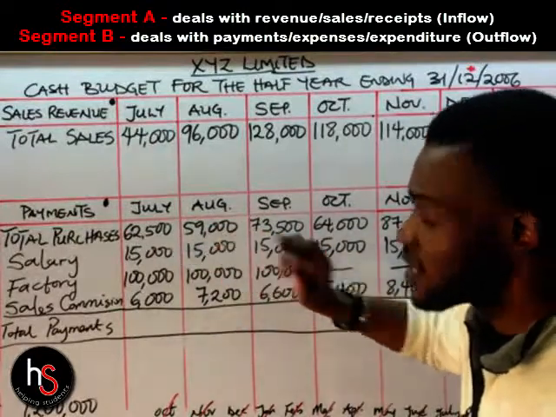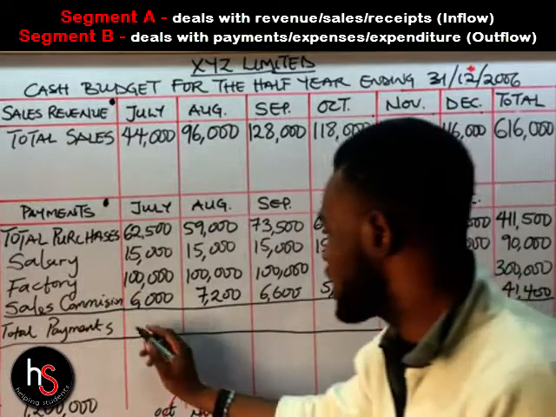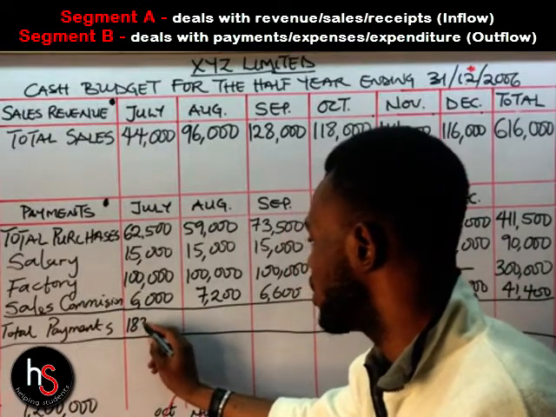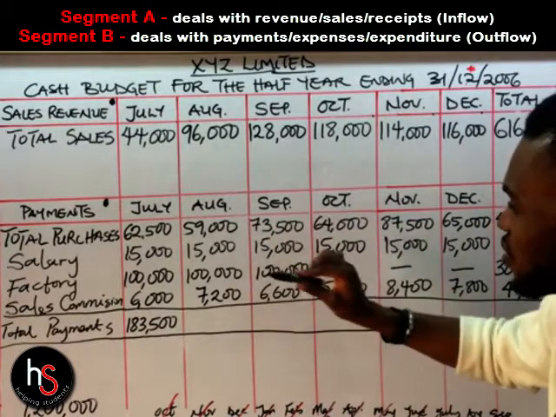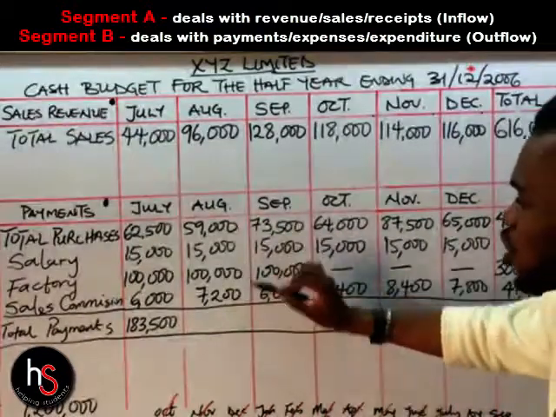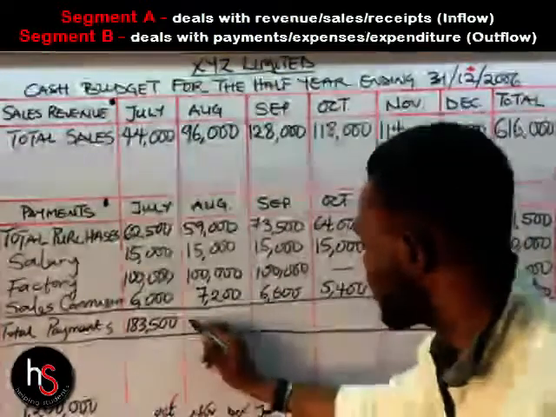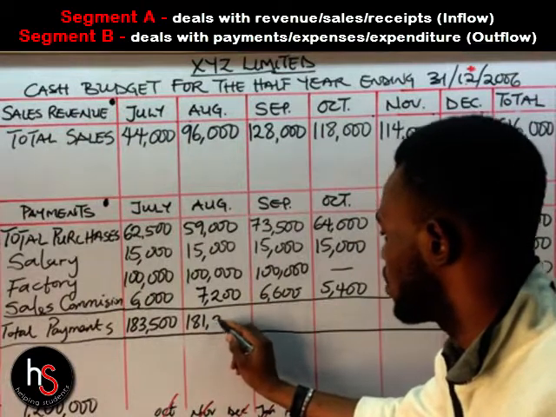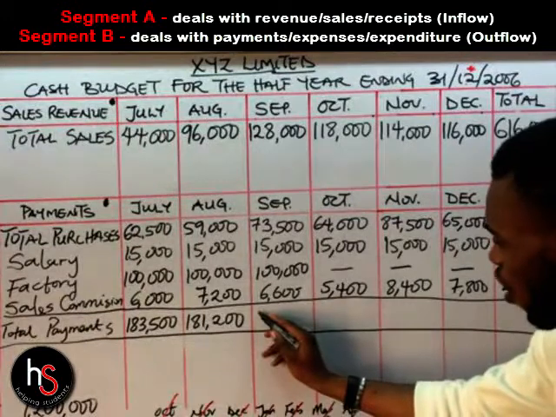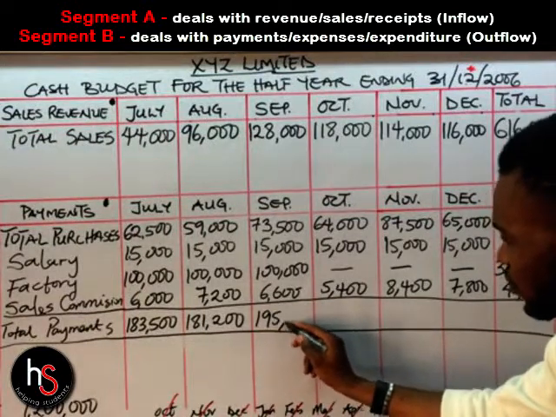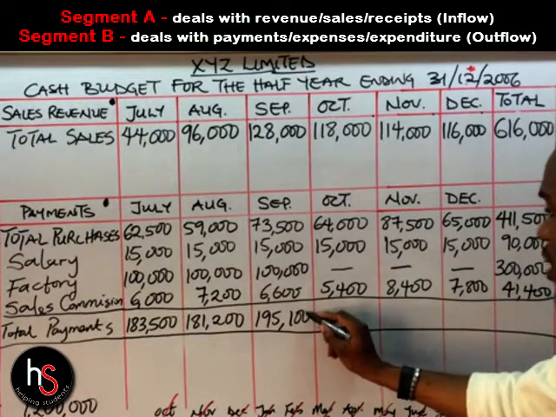Now our total payment has to do with 62,500 plus 15,000 plus 100,000 plus 6,000. It gives us 183,500. 59,000 plus 15,000 plus 100,000 plus 7,200 gives us 181,200. In September, we have 195,100.